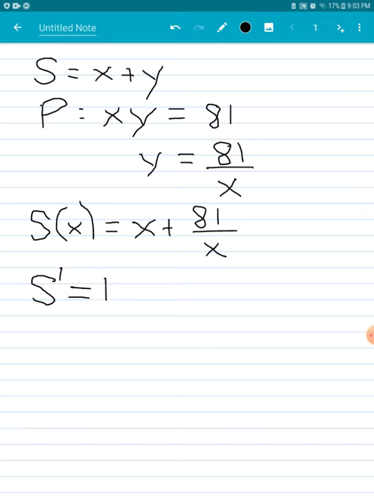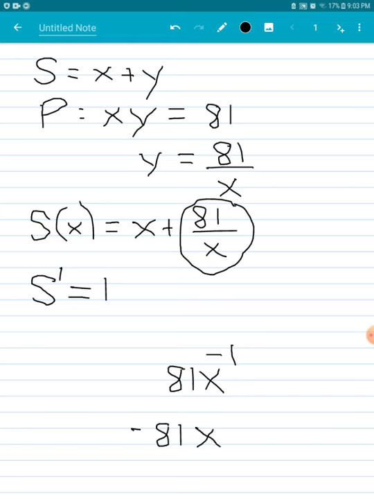Then we differentiate the next term. Now we can quickly get the derivative of that by writing it in power form. So 81 over x is 81 x to the negative 1. So we bring down negative 1, getting negative 81. And then we take 1 from the exponent, so we get negative 2. And just rewrite it as 81 over x squared.